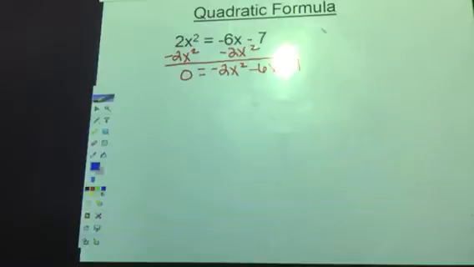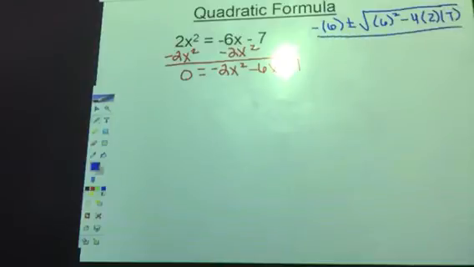When you substitute it, you should get negative 6 plus or minus the square root of 6 squared minus 4 times 2 times 7, all over 2 times 2. Okay? Go ahead and simplify that. You should have negative 6 plus or minus the square root of negative 20, all of that over 4.